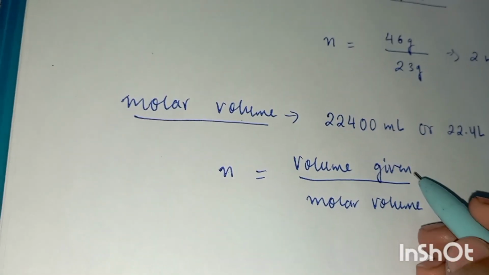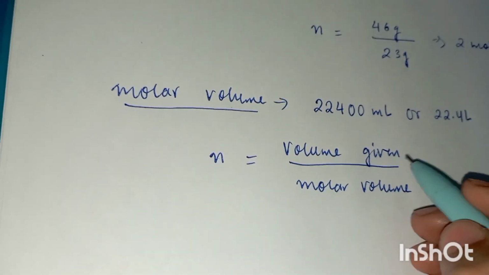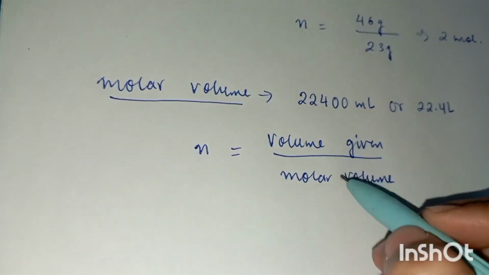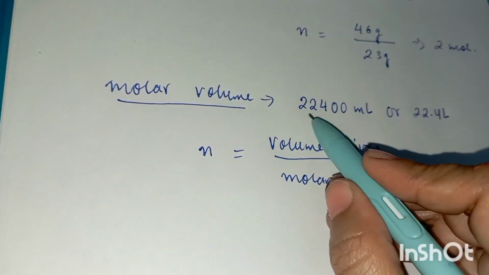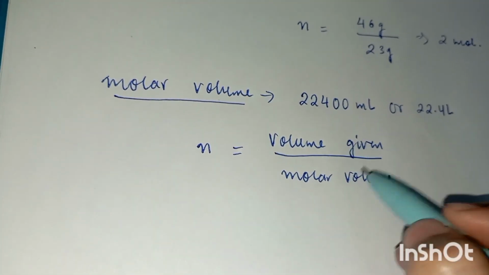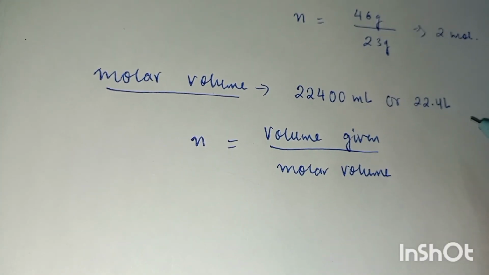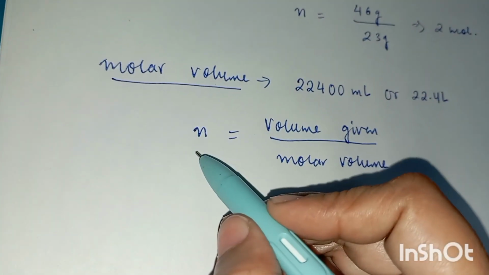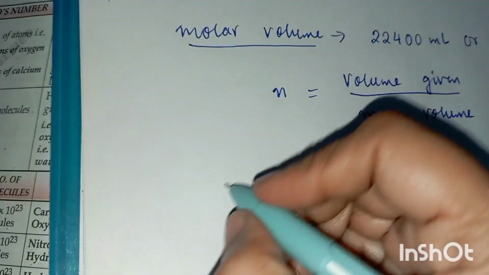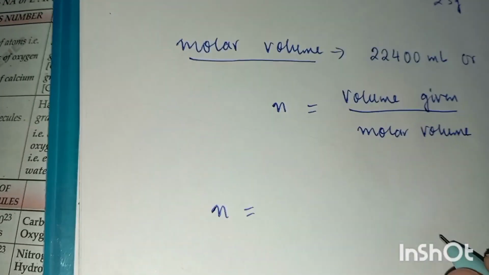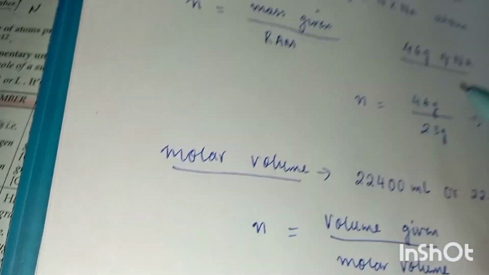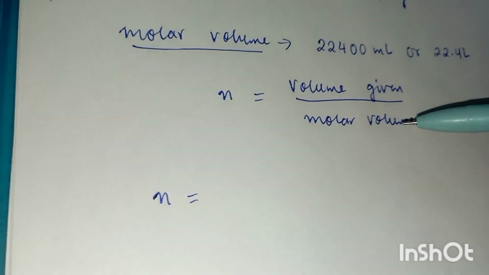If the volume given is in milliliters or cubic centimeter, then you have to put molar volume as 22,400 ml. If the volume given is in liter, then you have to put 22.4 liter as the molar volume. Here n is the number of moles. Understood? So you have generated 2 formulas for number of moles, one when the mass is given and one when the volume is given.